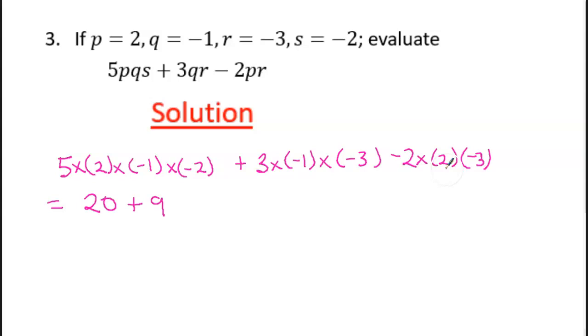Minus 2 times 3, minus 6. Minus 6 times minus 2, which is plus 12. So this one is plus. And when we simplify, 20 plus 9 plus 12, we are getting positive 41.